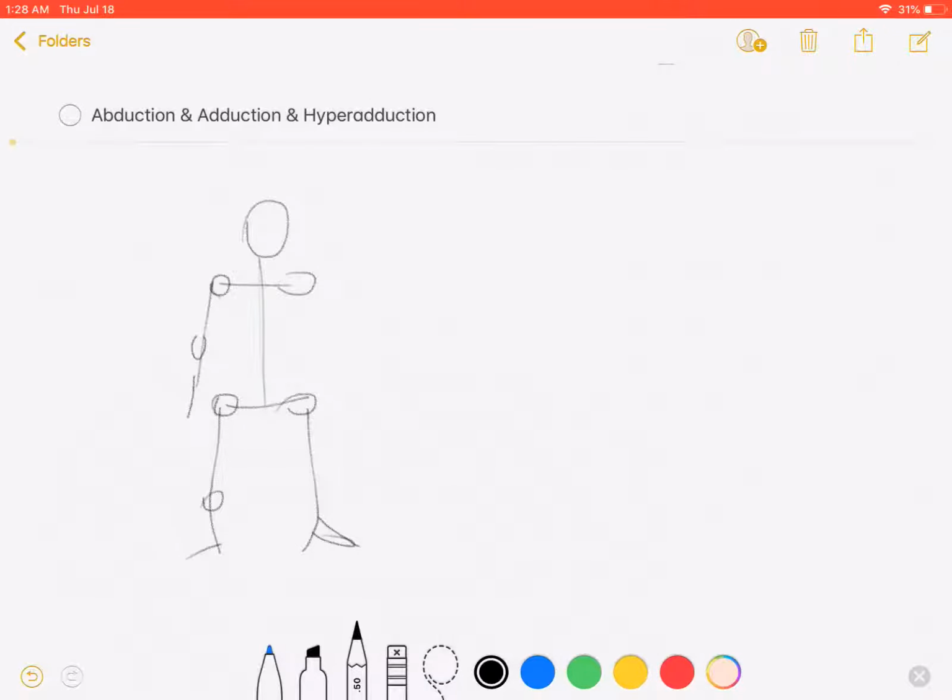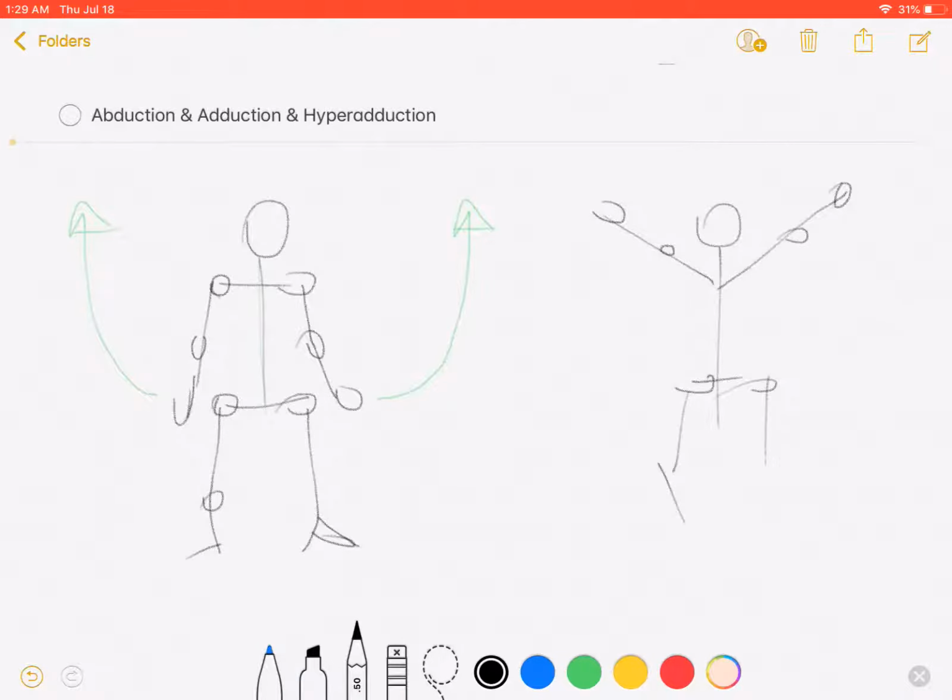If this person's arms go up, and in result we have someone doing this, all right, it's right here now.